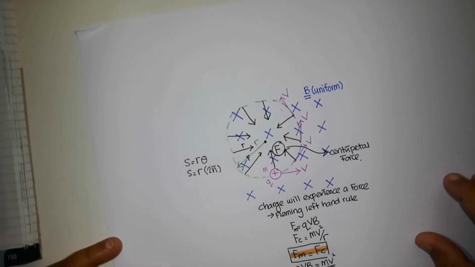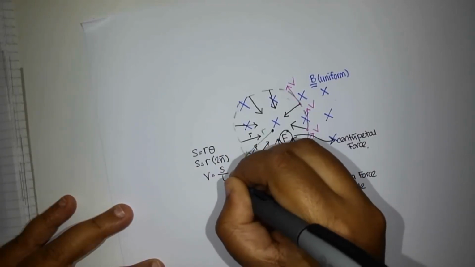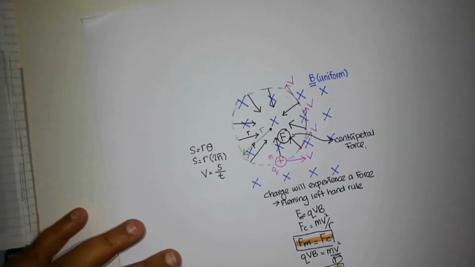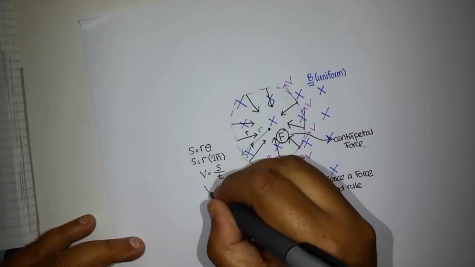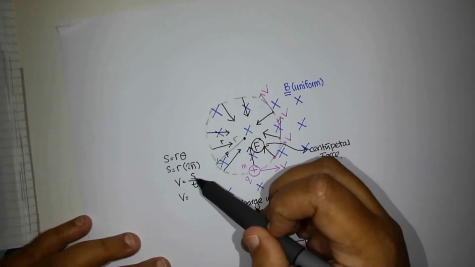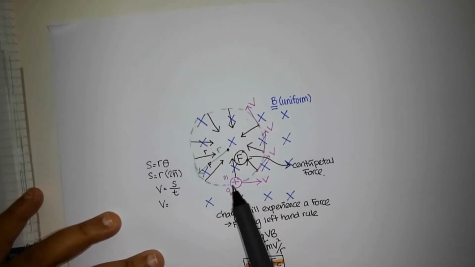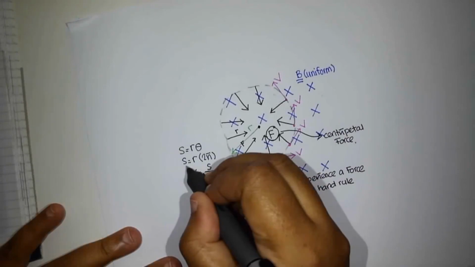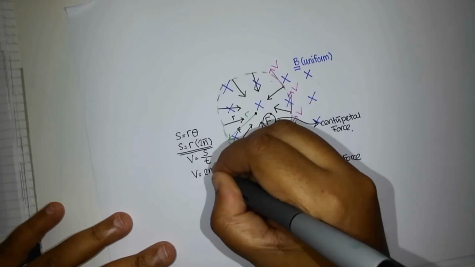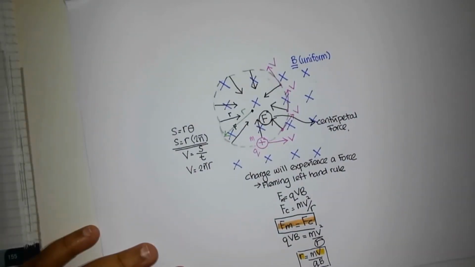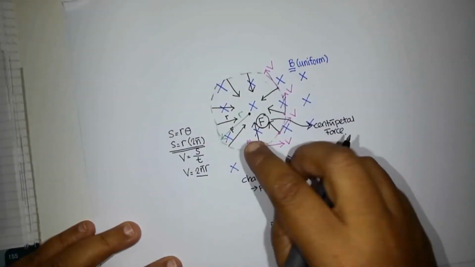Now v equals s over t, the definition of velocity. Applying this to the example, s is the distance taken, so from here until here is 2 pi r. And T is the period, the time taken for one complete circulation.